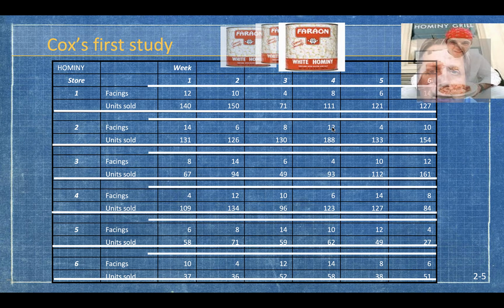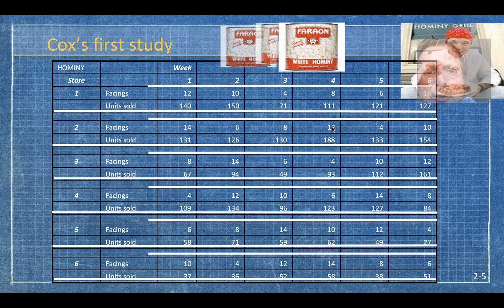This is one of the very first published papers on space elasticity, and here they had tested hominy. I put this chart in here because it's a good example of the kind of experimental design you need when you work with field studies.